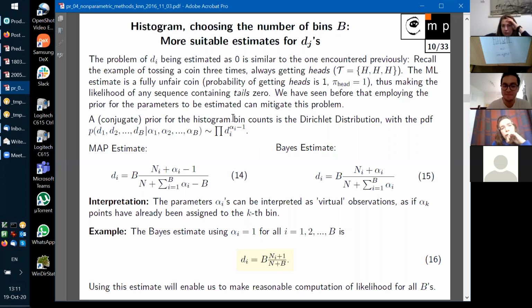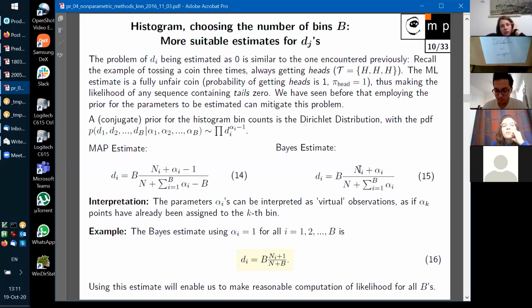Given this prior, well, we'll have to get this alpha from somewhere. The MAP estimate becomes (n_i plus alpha_i minus 1), divided by the normalizing factor. You see that we stabilize the solution, and for the Bayes estimate we get (n_i plus alpha_i) over (n plus sum of alpha_i).